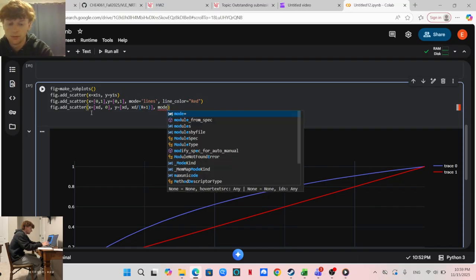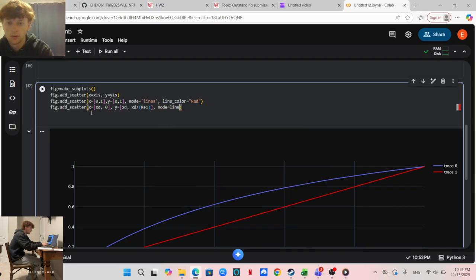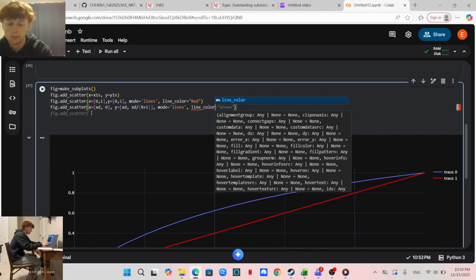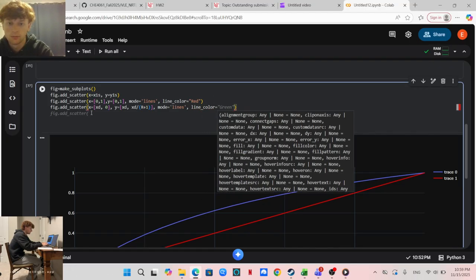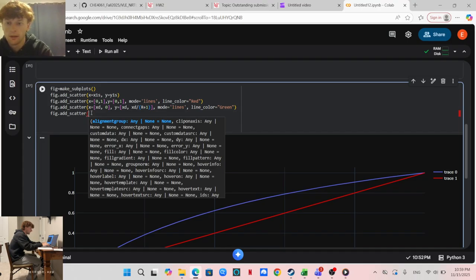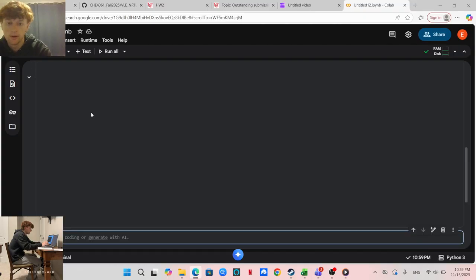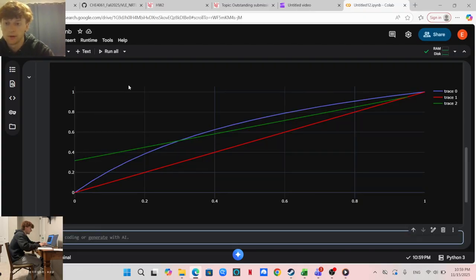And mode equal lines, and then line color equal to green is fine. We'll go ahead and try this and see if our rectifying line ends up right. Yep, all right, there's our rectifying line.